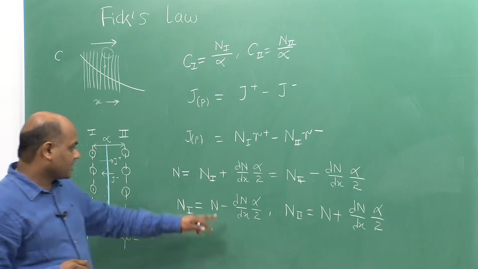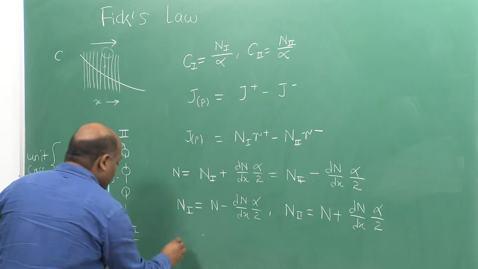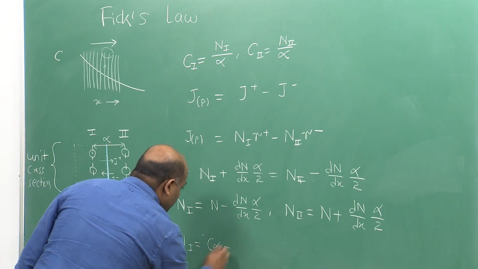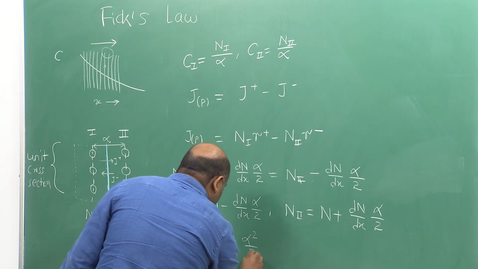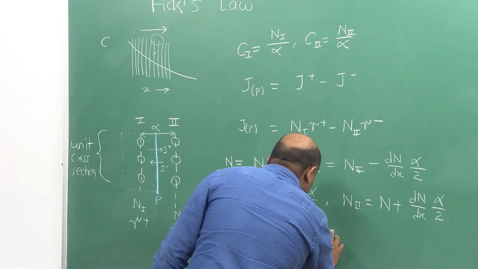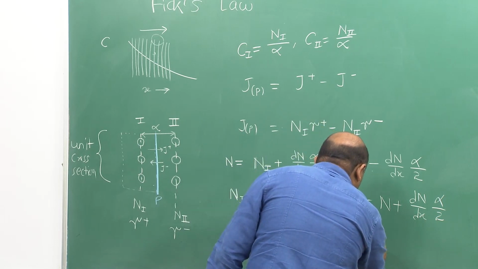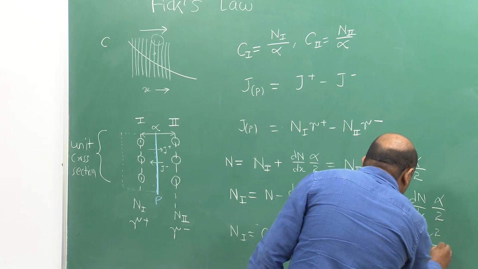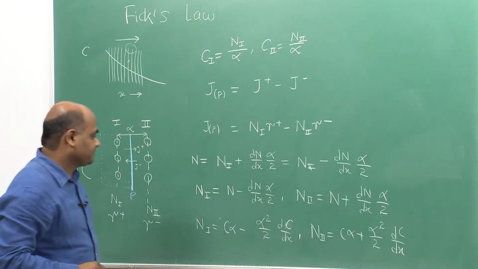And if we substitute for n as c times alpha, then we get n 1 is equal to c alpha minus alpha square by 2 dc by dx, and n 2 is equal to c alpha plus alpha square by 2 dc by dx.